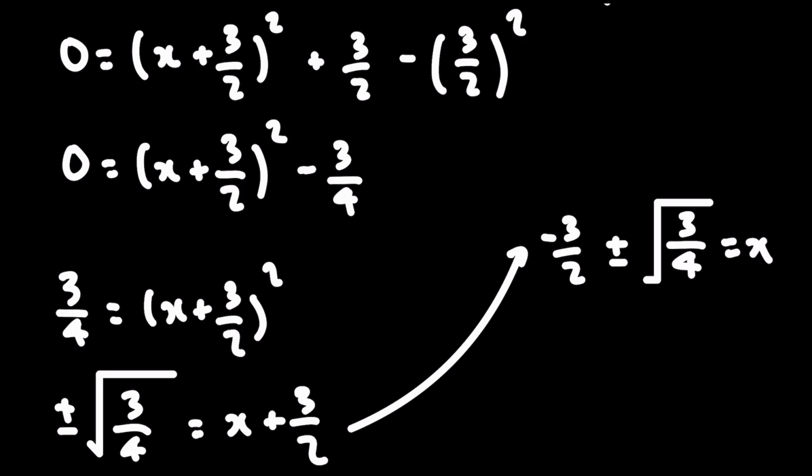And if I wanted to simplify one more time, I know that the square root of 4 is just 2. So I know that minus 3 over 2 plus or minus the square root of 3 over 2 is x, which is simply minus 3 plus or minus the square root of 3 over 2. And that's how you do completing the square with both a monic and non-monic quadratic.